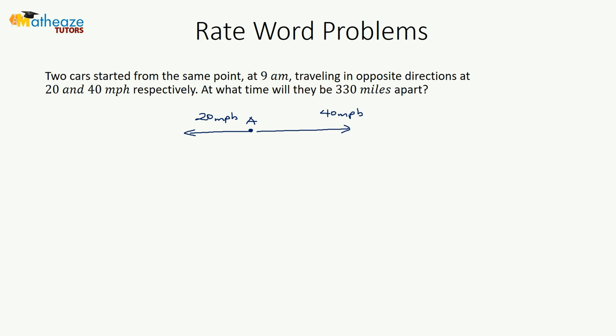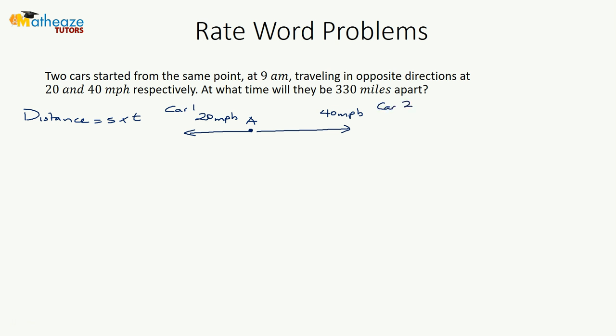So let's look at the distance. Distance is given as speed multiplied by time. So there's going to be a consistent time here. So we can say this is car 1 and this is car 2.